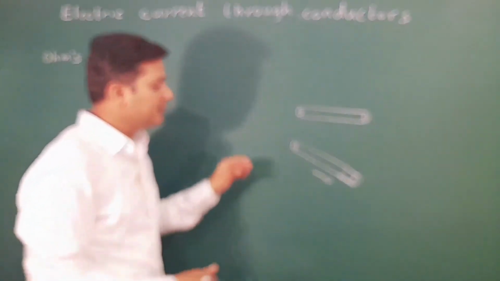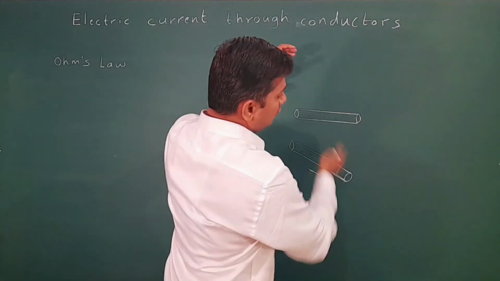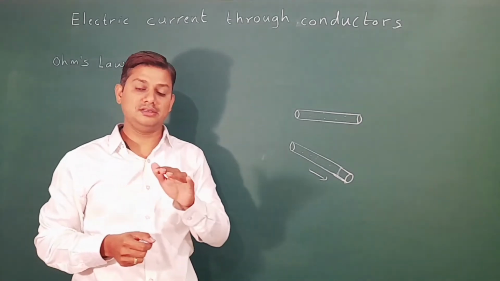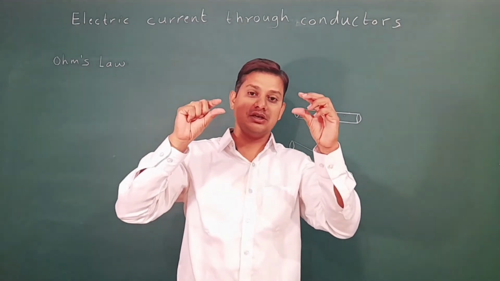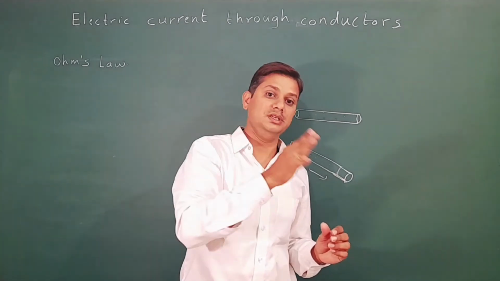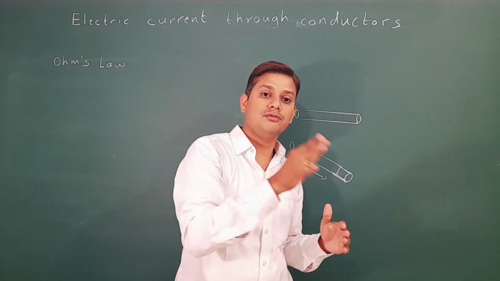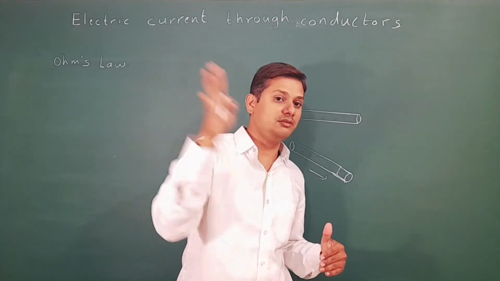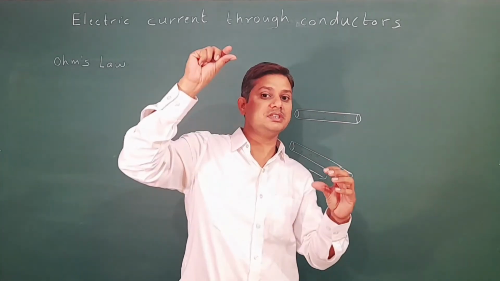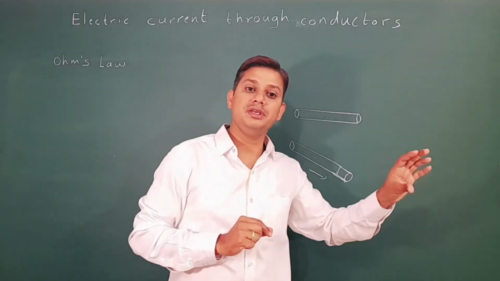Like in this example, if the difference in pressure is more, water will flow more rapidly. Similarly, in case of current, if the potential difference applied is higher, a larger current will flow.